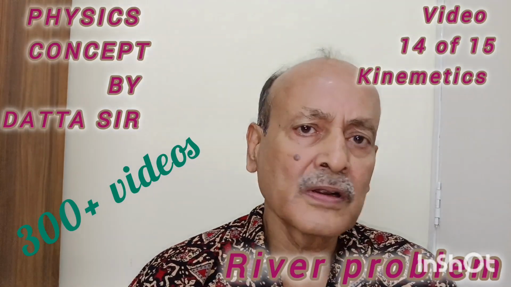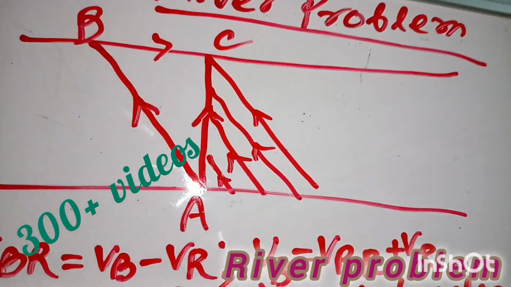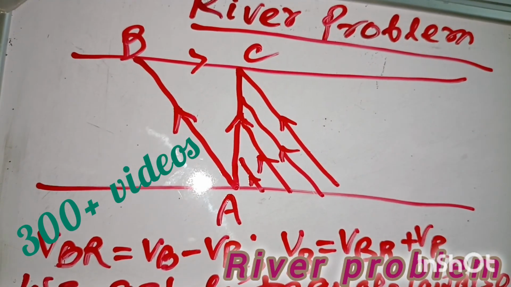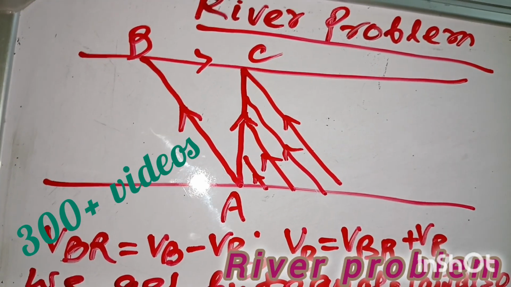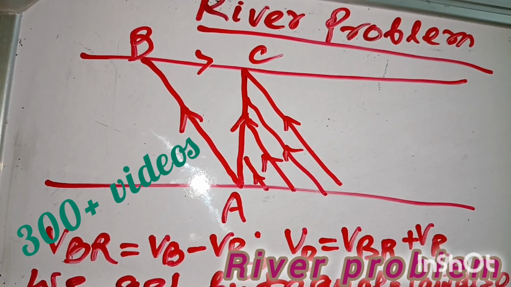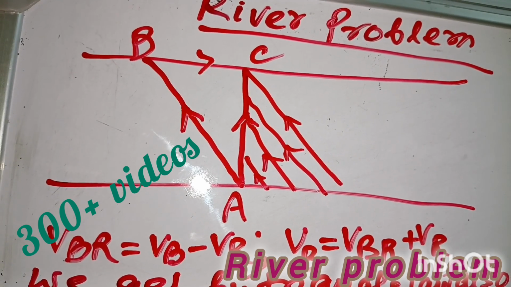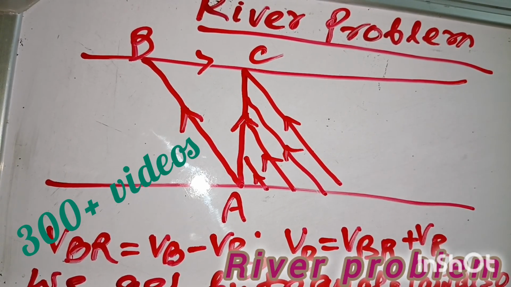See, in a river boat problem, when a boat is going, say, from A and it wants to cross the river. Suppose it wants to go to C, just opposite to this point.